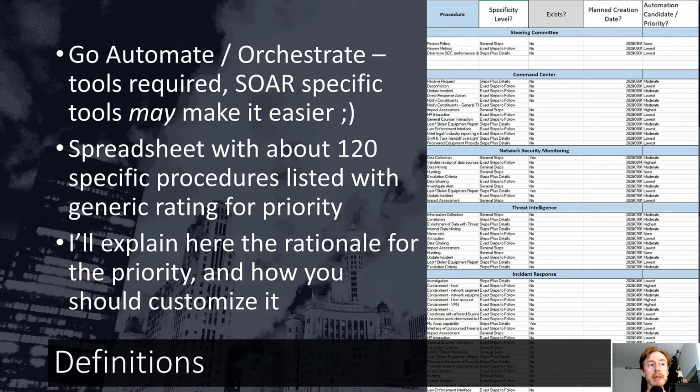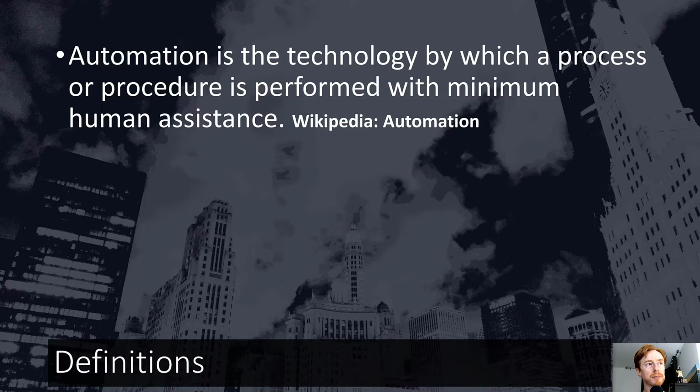In this brief talk, and there's a much longer version where I go into a lot more detail and provide a lot more examples, I'll explain the rationale for the selection criteria so that you could take this spreadsheet, which is available for download from the SOC class website, and make it your own in order to direct and prioritize your orchestration and automation actions.